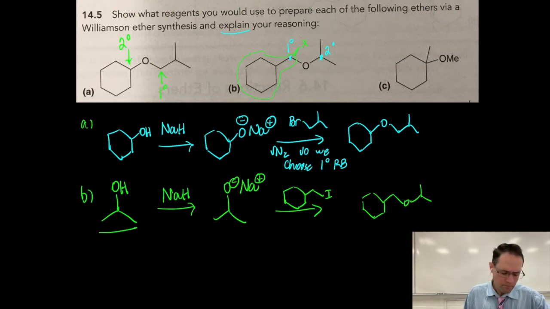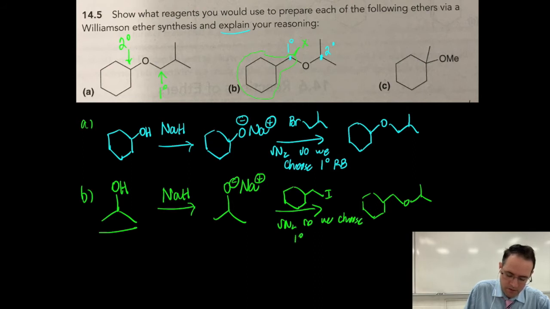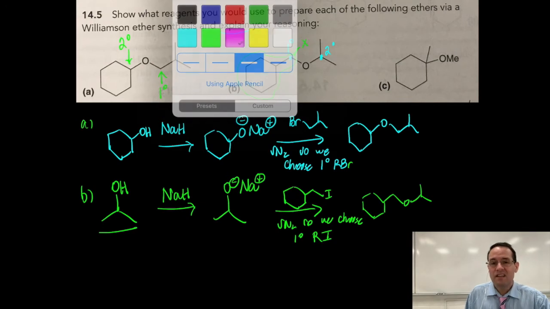Okay. So more substituted alcohol, less substituted alkyl halide. So again, it's SN2. So we choose the primary alkyl iodide.